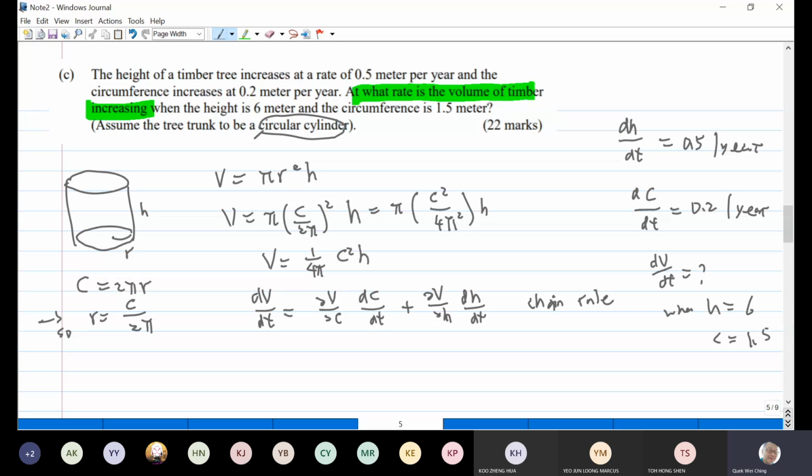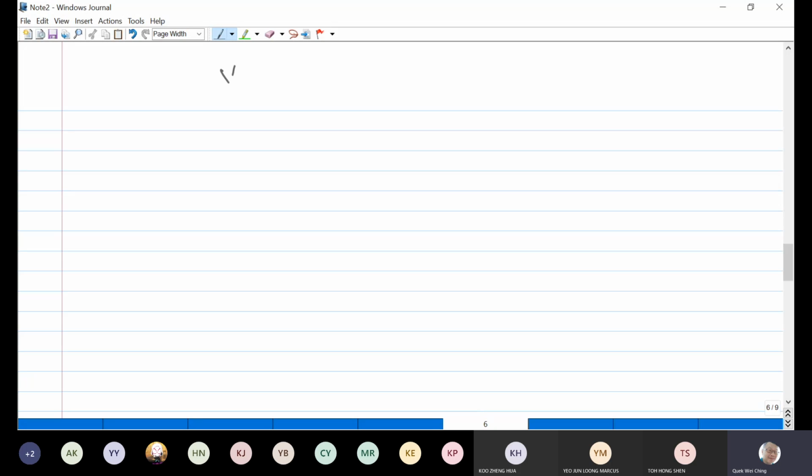So you need to calculate dV/dc. We have a formula for the volume, so you just differentiate. V is equal to 1/4 pi c squared h.